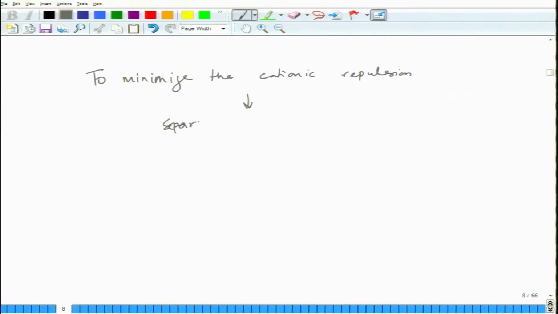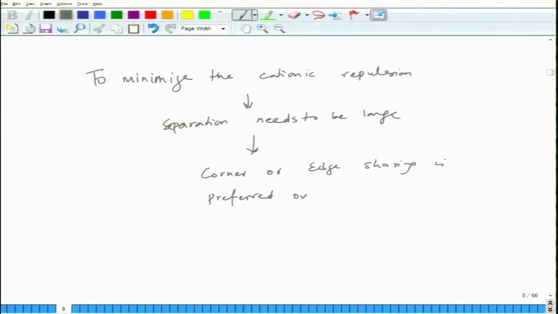So, by and large, to minimize the cationic repulsion, the separation needs to be large. As a result, corner or edge sharing is preferred over face sharing of polyhedra.